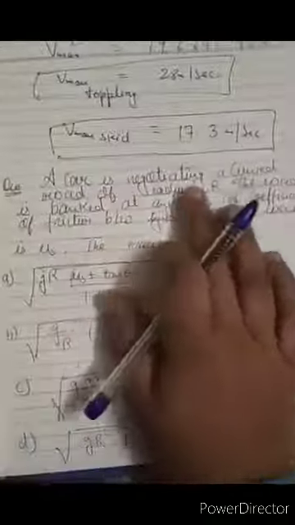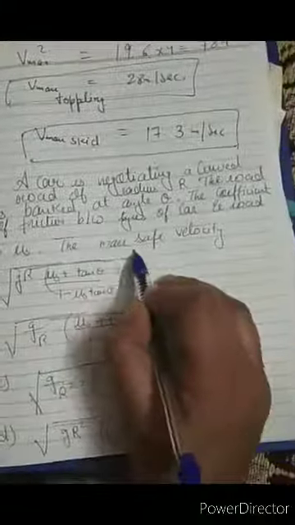These are the options given. So what information do we have? We have radius r, angle theta, and friction mu. We want the maximum safe velocity, so we need maximum turn.